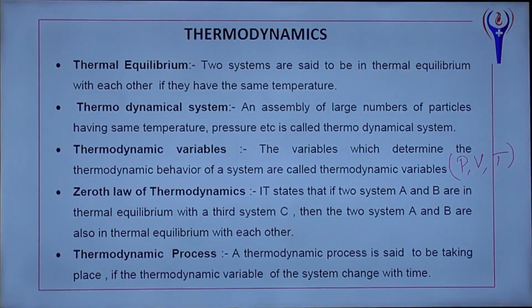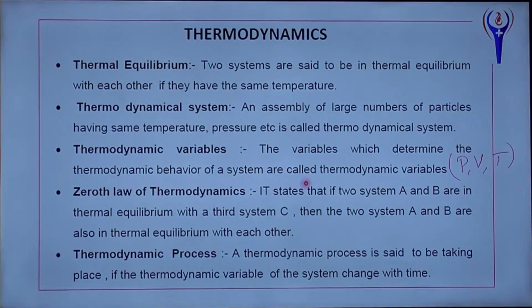Zeroth law of thermodynamics states that if two systems A and B are in thermal equilibrium with a third system C, then the two systems A and B are also in thermal equilibrium with each other. Thermal equilibrium means same temperature.